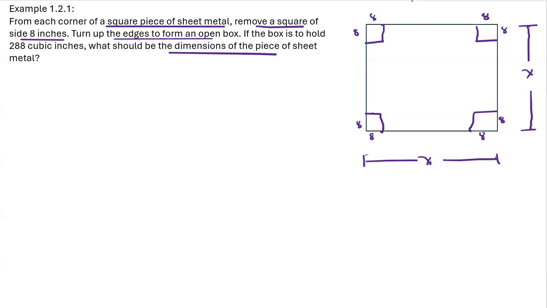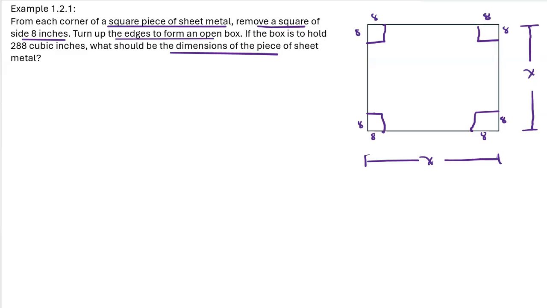All right. So if this whole thing is x, it doesn't matter which side you use, the bottom or the right, because they're the same. If that whole length there is x, what's this piece right here going to be?